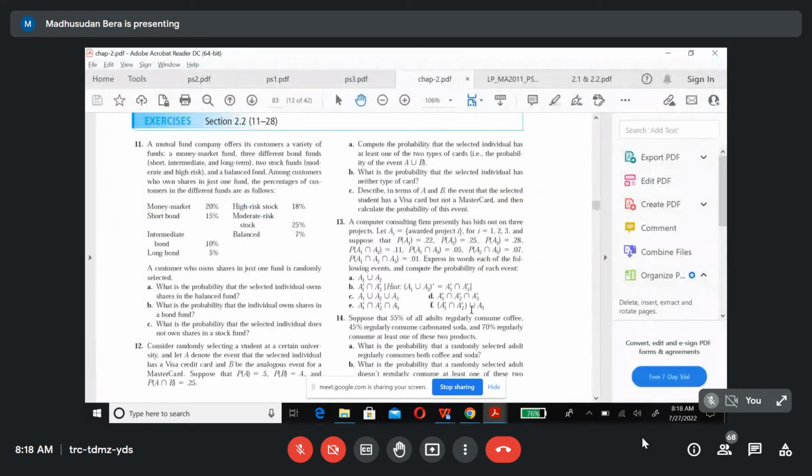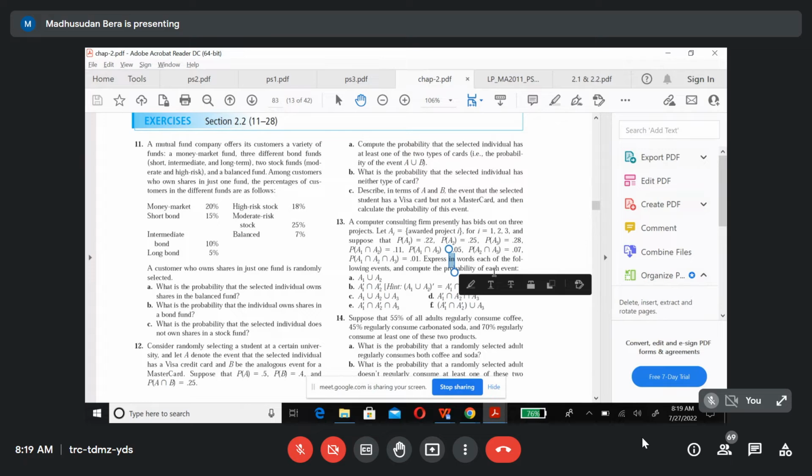Okay, see. A computer consulting firm presently has bid on 3 projects. Ai is awarded project i, for i equal to 1 to 3. Suppose P(A1), P(A2), P(A3), the intersections A1 and A2, A1 and A3, A2 and A3, and the intersection of A1, A2, A3 are given.